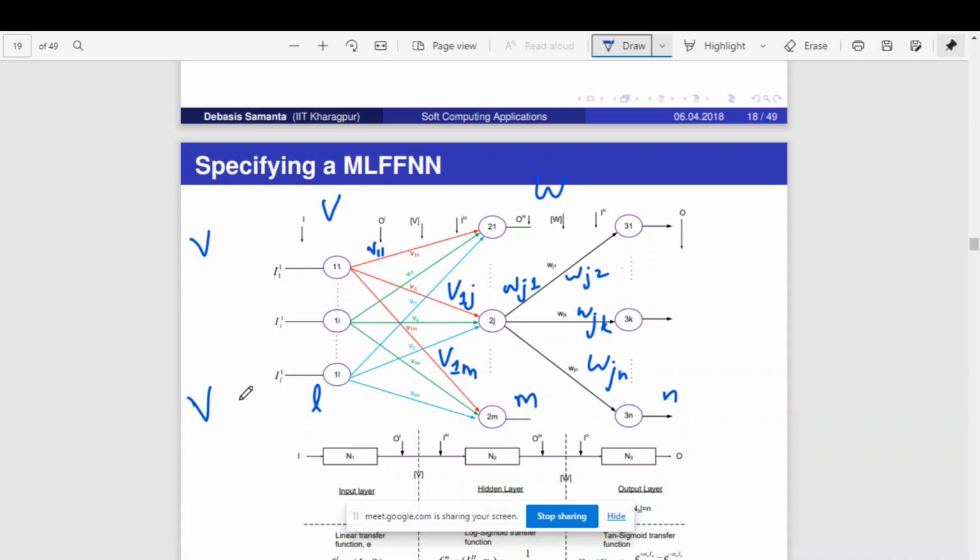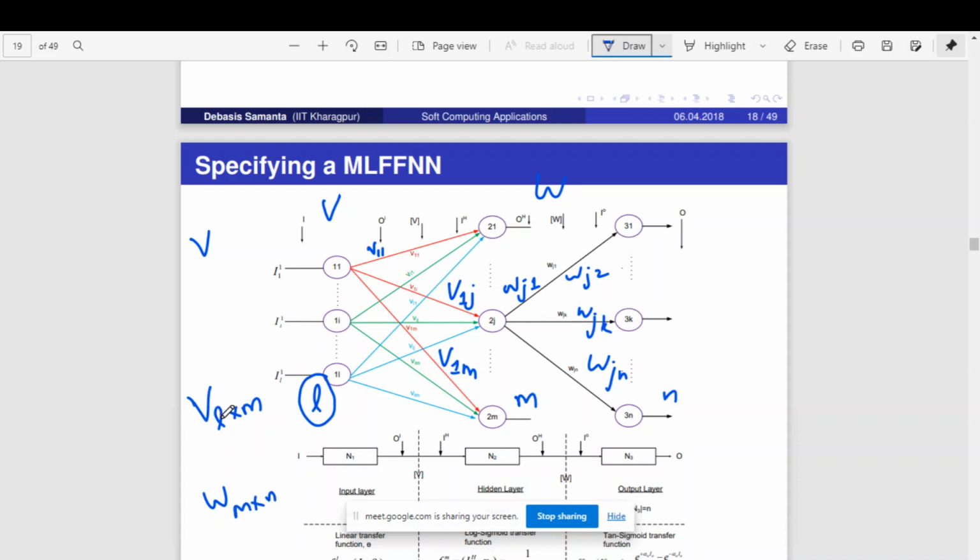It should be L into M. It is connecting the input and the hidden layer, so it is L into M. Here we have L neurons and here you have M neurons. So it will have L rows and M columns. Similarly, what will be the size of this W matrix? M cross N. Yes.